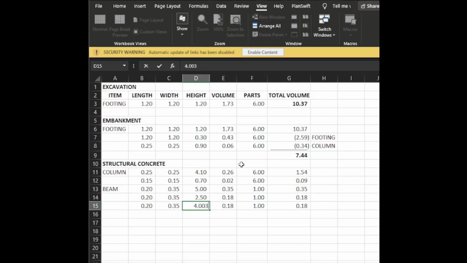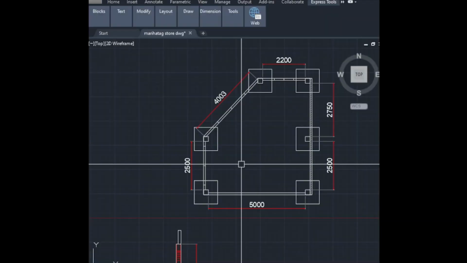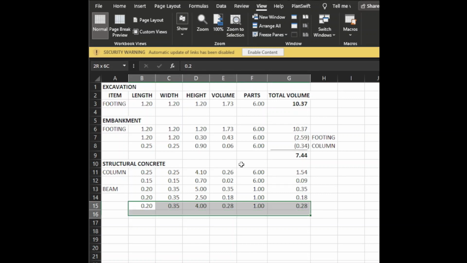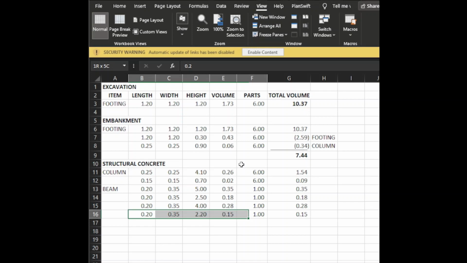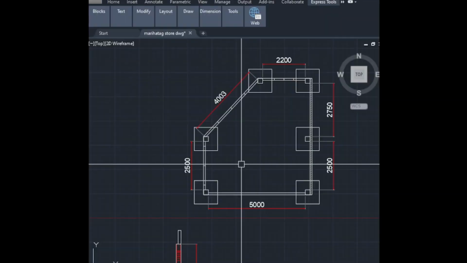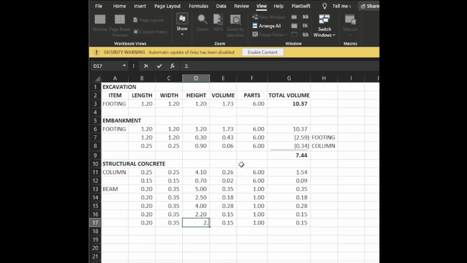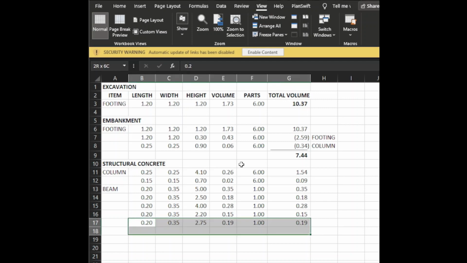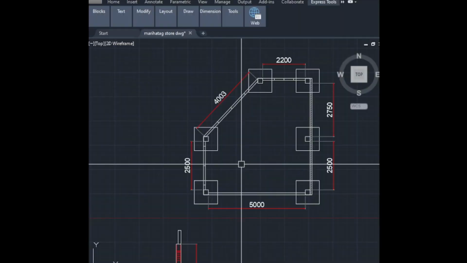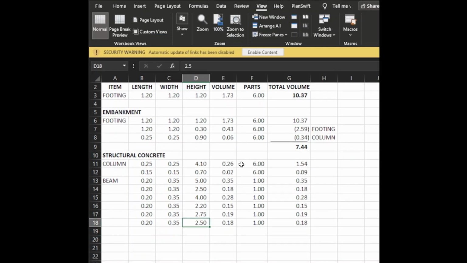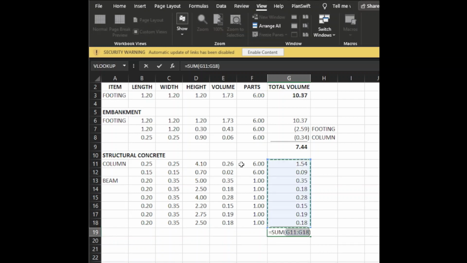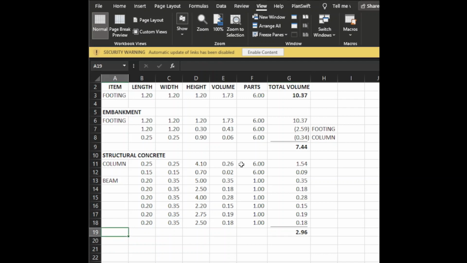We will just change this one, and 2.2, then this one again is 2.75. Another one is 2.5. So the total volume of beam and column is 2.96 cubic meter.